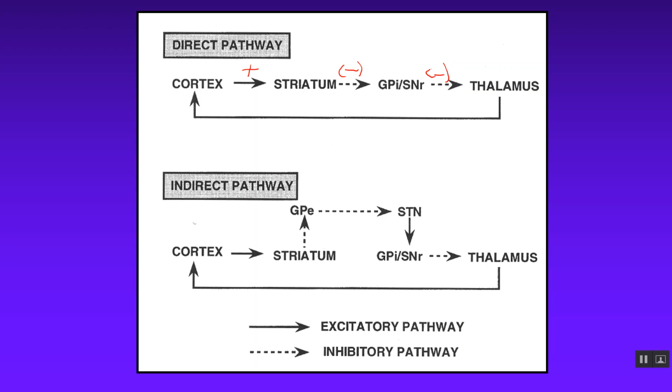Those are GABA. So let's just follow this out. The striatum is an inhibitory structure. The globus pallidus internus and substantia nigra reticularis combined are inhibitory in their influence. The thalamus is positive, excitatory back to the motor cortex.